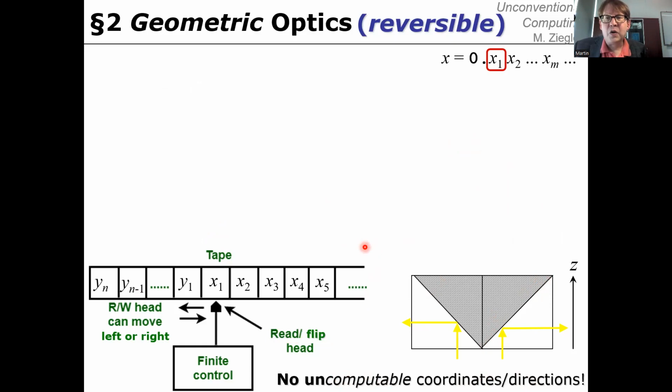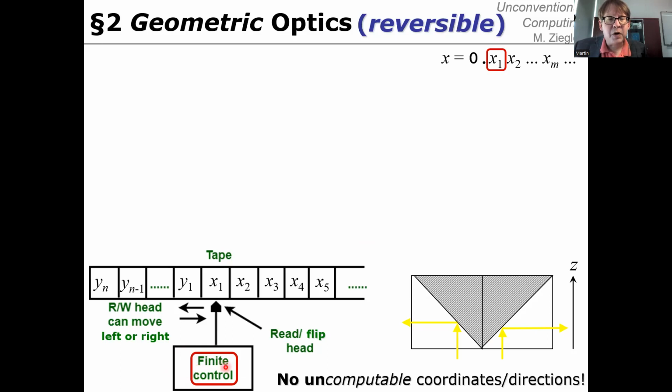And now, how do we combine these primitives? This depends on what the finite control of the Turing machine is programmed to do, the Turing machine that we want to simulate. In general, this would be a so-called universal Turing machine that can simulate any other.